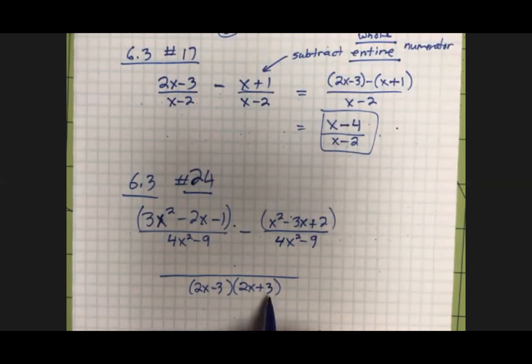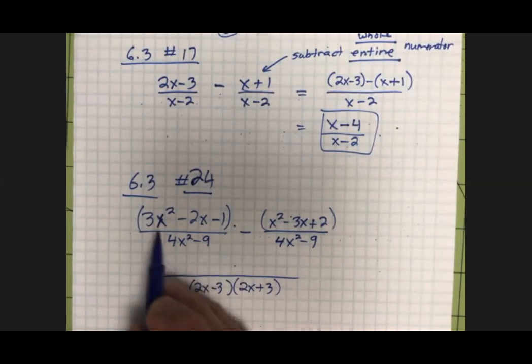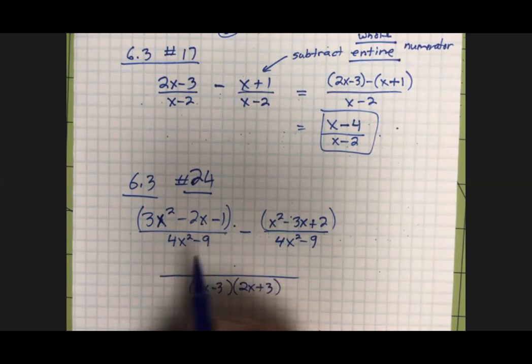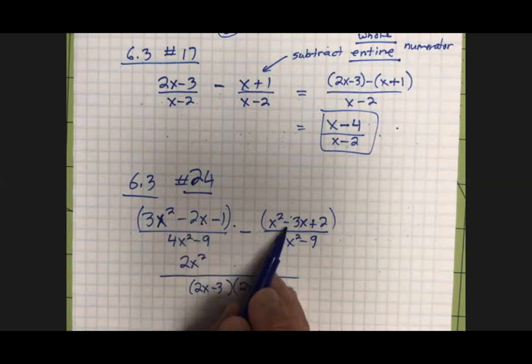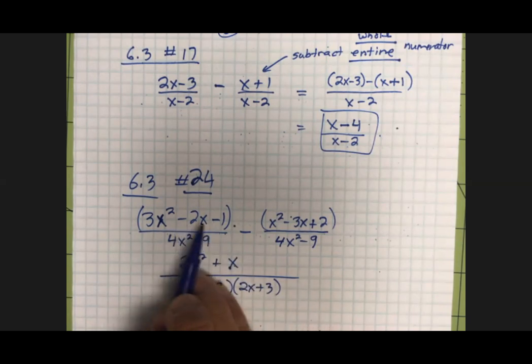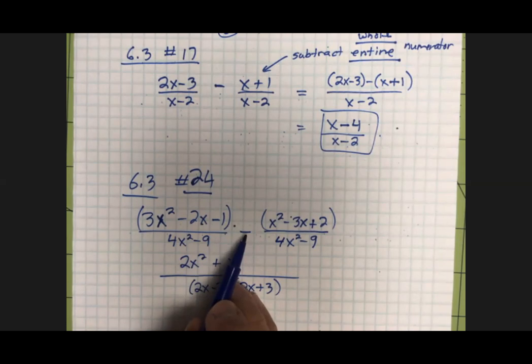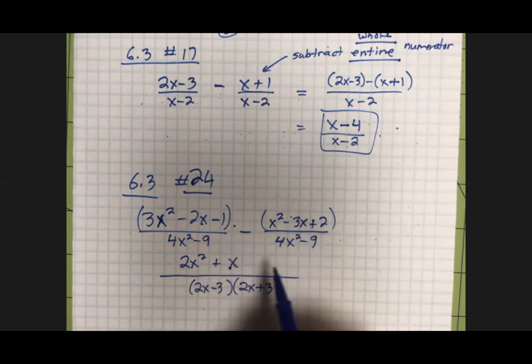You'd never be penalized for factoring something, right? Now let's do 3x squared minus x squared. It's 2x squared. Let's do negative 2x, subtract negative 3x. That's plus x. Let's do negative 1, subtract positive 2. It's minus 3.